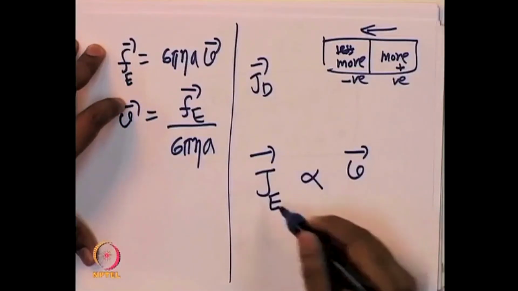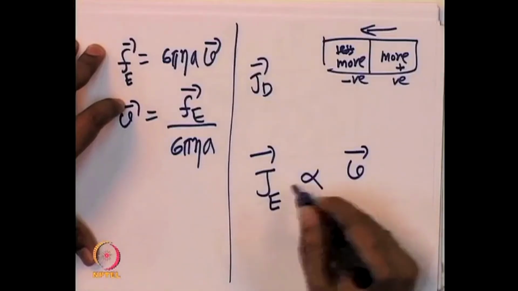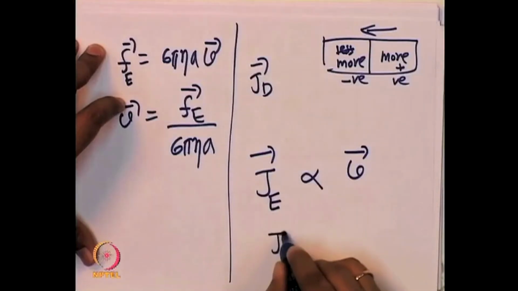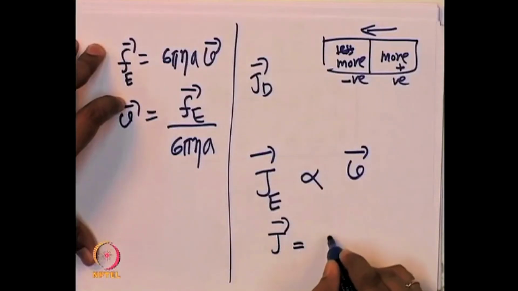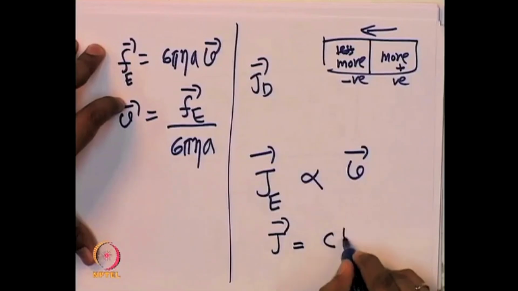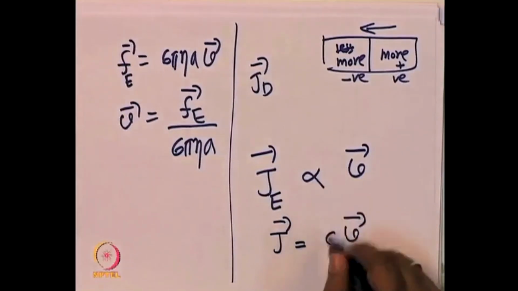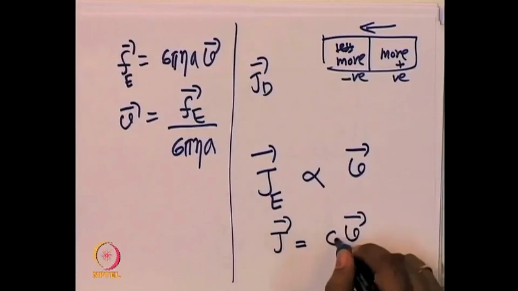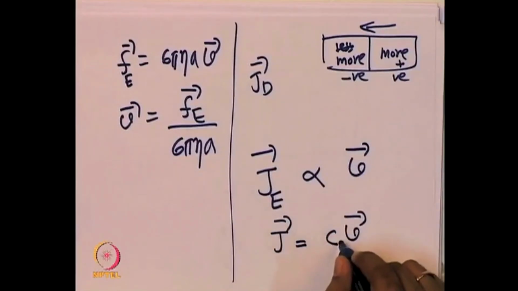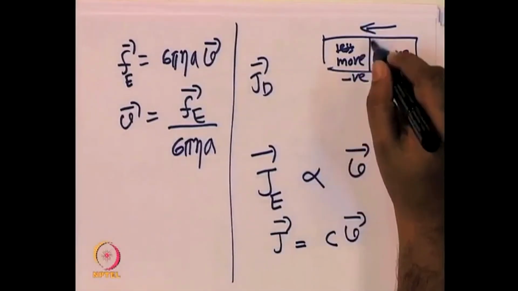By just looking at the dimensions, by dimensional analysis, we will know that this proportionality constant has to be concentration. So J has to be written as C v, where C is the concentration at a particular point.